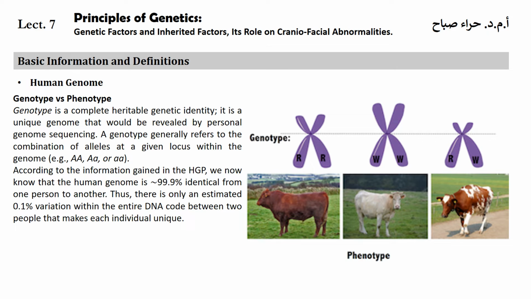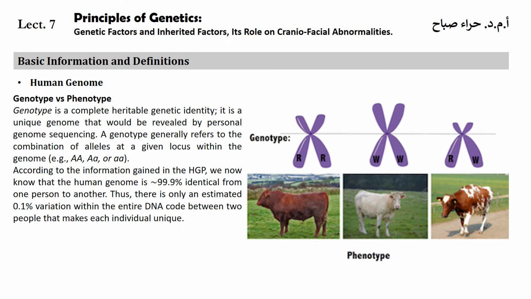Also, in the genetics glossary, there are genotype and phenotype. So what is the difference between genotype and phenotype? Genotype is a complete heritable genetic identity. It is a unique genome that would be revealed by personal genome sequencing.